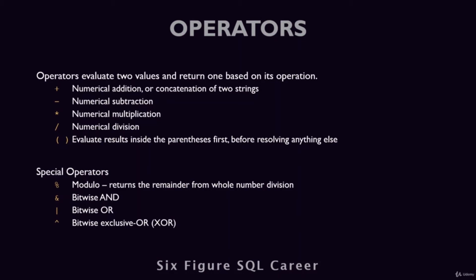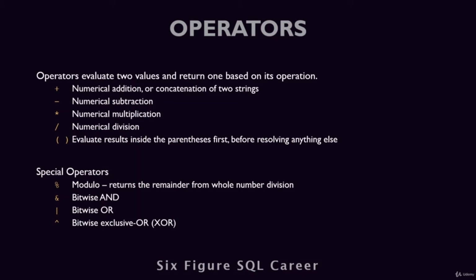This is called concatenation, when you join two strings together to make one string. And you can use the plus symbol to add those two strings together to concatenate them. Also, you can use parentheses to evaluate results inside the parentheses first before resolving anything else.